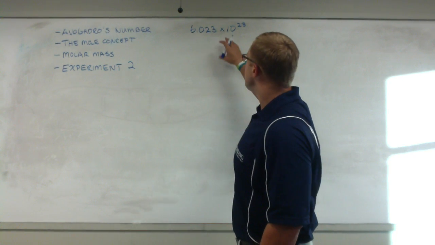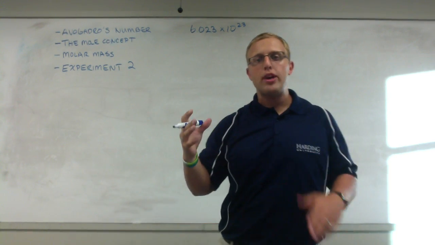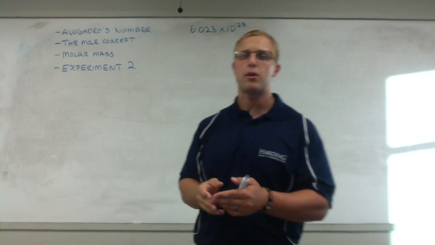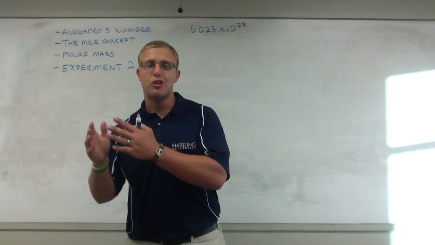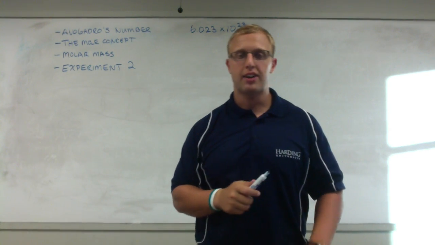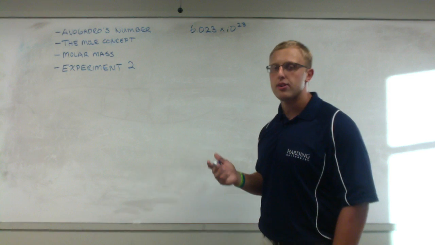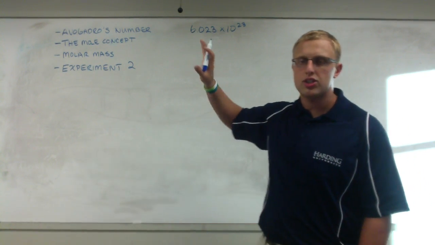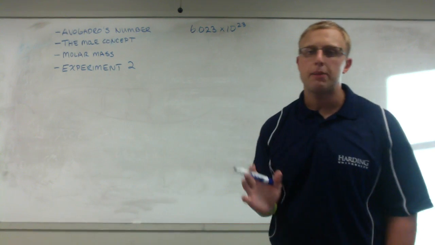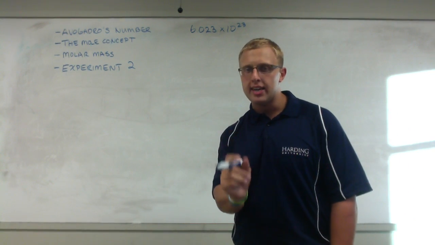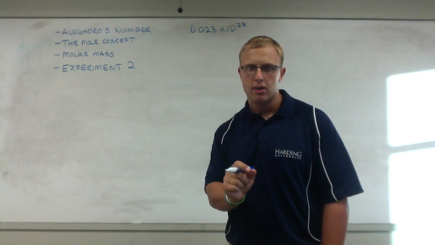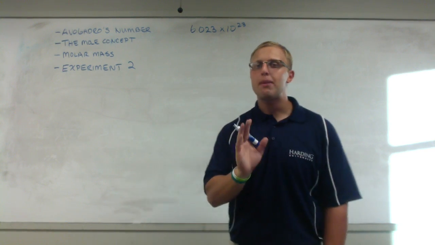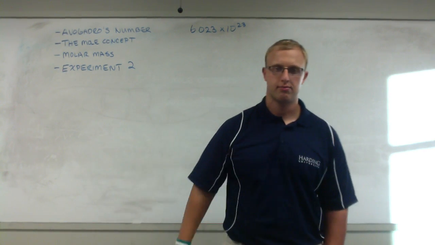So when we use Avogadro's number, we always use it in tandem with the mole concept. To talk about Avogadro's number is to talk about the mole concept. Talk about the mole concept, you have to talk about Avogadro's number. So when we're talking about this huge, ginormous number, you have to keep in mind how small the thing is that we are describing, right? So when we talk about times 10 to the 23rd, think about us talking about an electron, right?